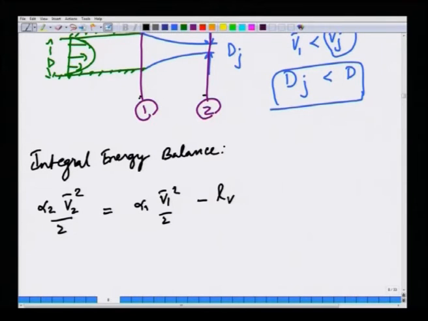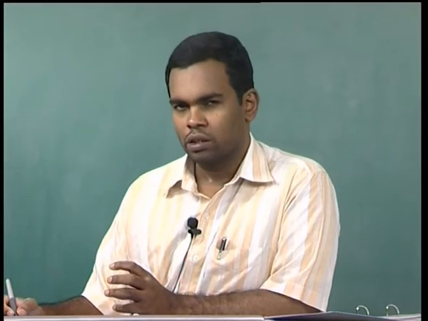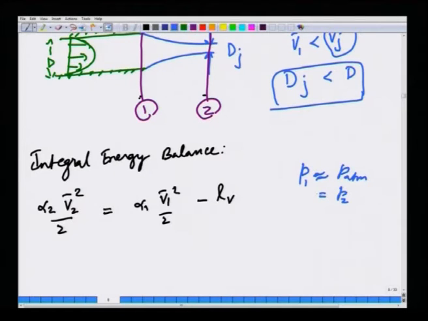Now, we have also assumed that when the jet exits, P1 is P atmosphere, and that is also equal to P2, because in a free jet the pressure is of course atmospheric as we have been mentioning, but at station 1, when the jet is just about to exit into the atmosphere, we are assuming that. So this is an assumption, whereas this is almost an exact relation.